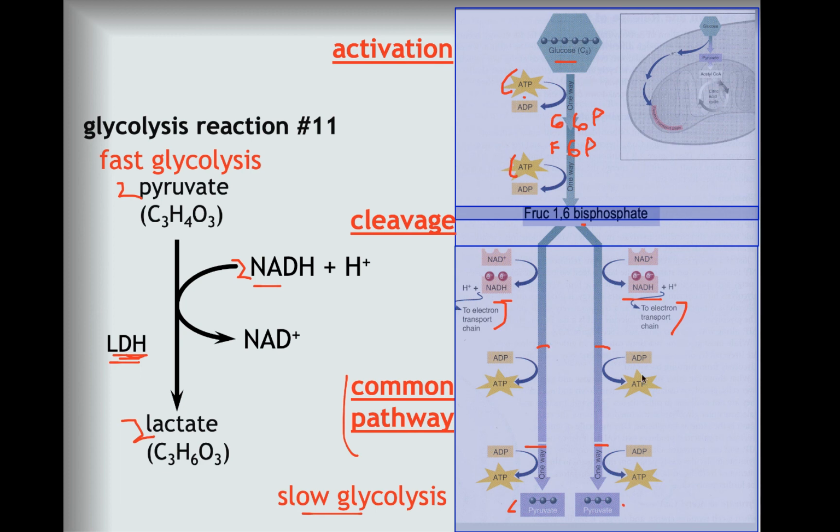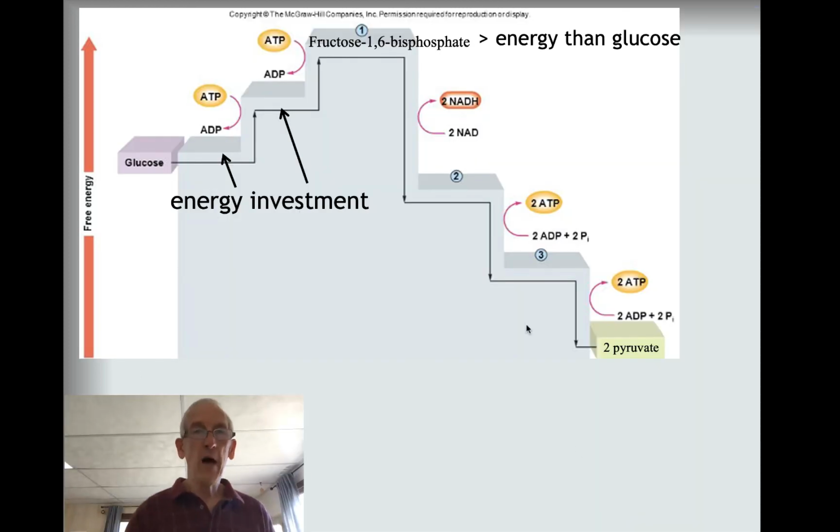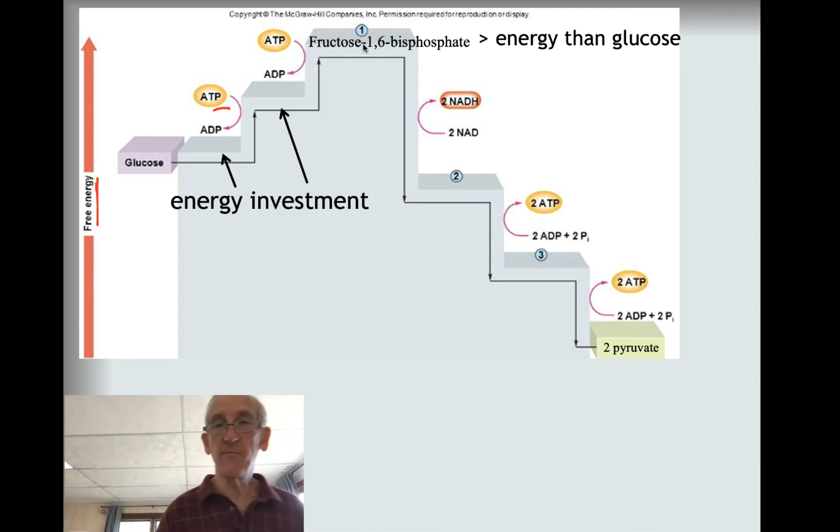But as we'll see in the next video, pyruvate still has energy in it that we can get out by breaking it down further. Here, this is just illustrating for you how we take the energy of the glucose molecule and we bump it up in that activation. Again, we add a phosphate to get to fructose 6-phosphate. We add a second phosphate to get the fructose 1,6-bisphosphate.